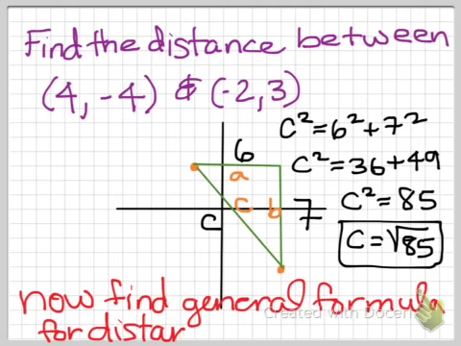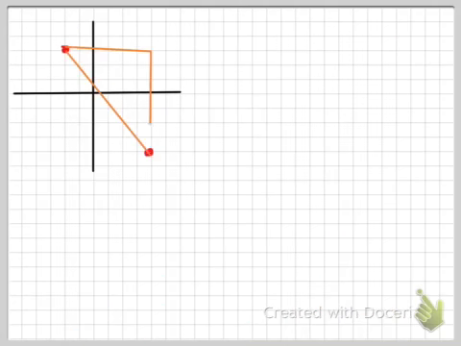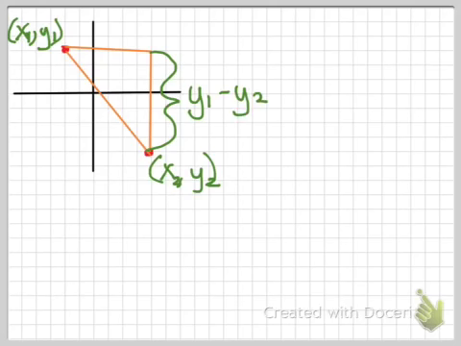Okay, so now we're going to figure out the general formula. That is, if we don't have numbers, how do we figure it out? So you have 2 points, x1 and y1 and x2 and y2, and we need to find the distance between those. So if you remember, we need to find the distance between y, and the way that we find that is y1 minus y2. And then we need to find the distance between the x's, which is x1 and x2.